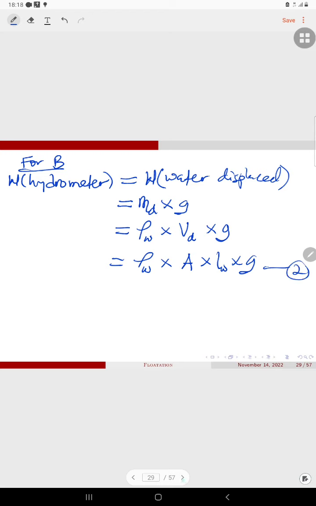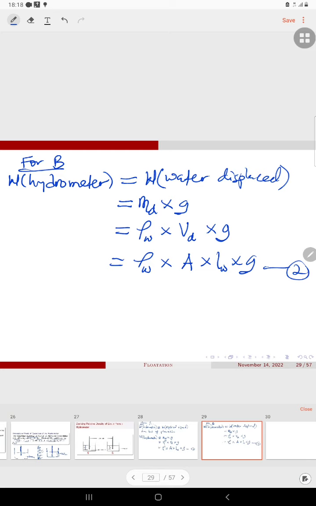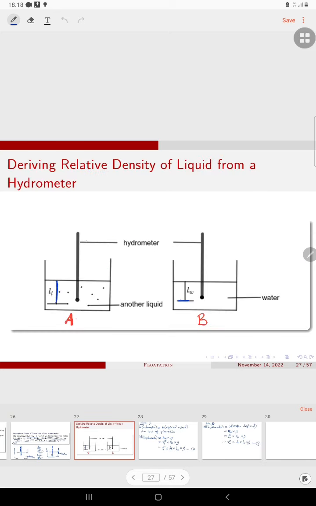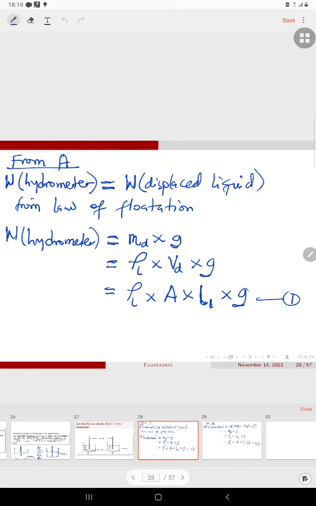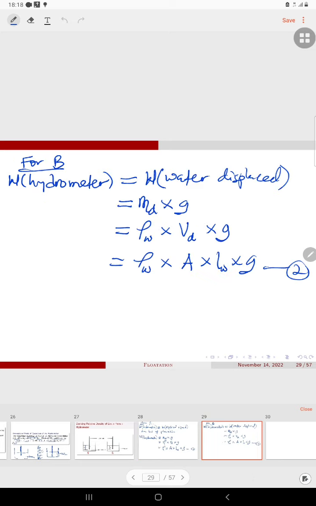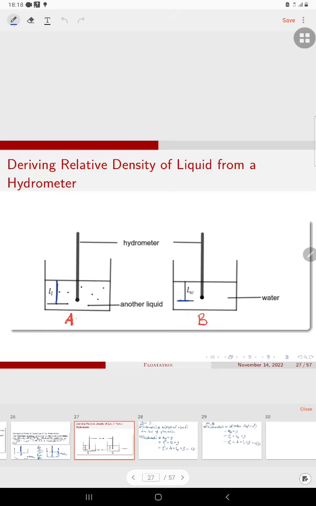Now what can we say about equation 1 and equation 2? Don't forget, it is the same hydrometer that we use in A and B. Equation 1 is finding the weight of the hydrometer in A, and equation 2 is also finding the weight of the hydrometer in B. But it's the same hydrometer, so the weight will not change.